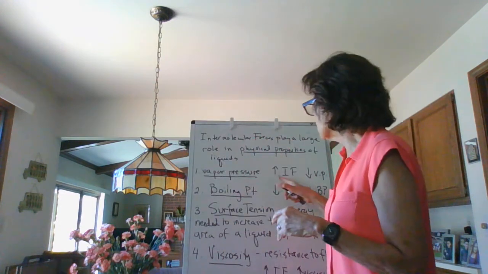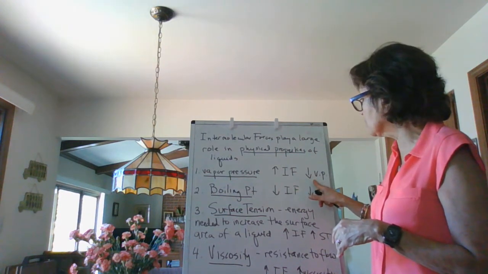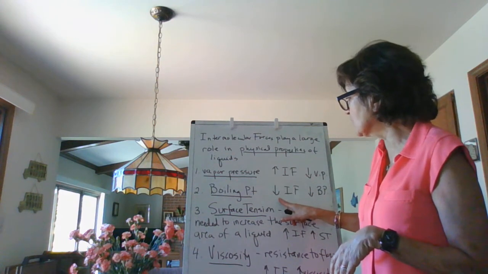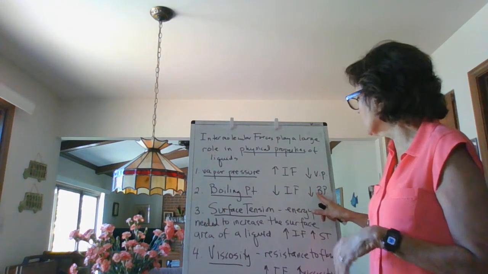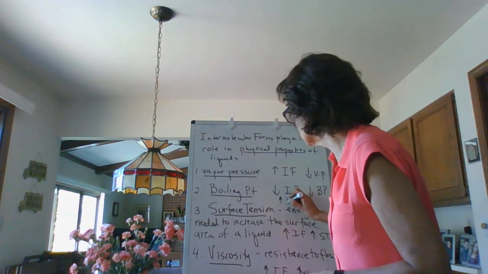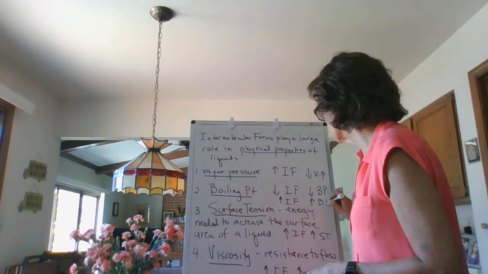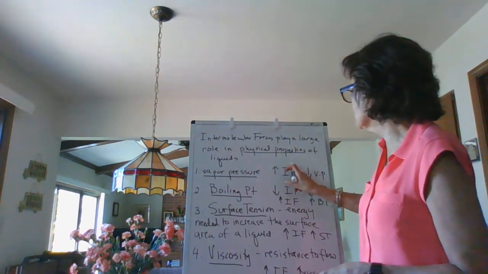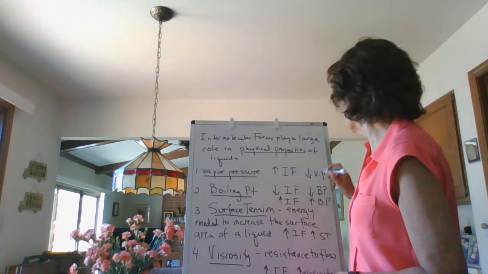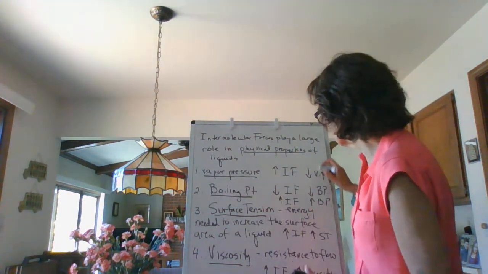So here it is. High intermolecular forces is going to cause a very low vapor pressure. And if you have very low intermolecular forces, you're going to have a low boiling point. But if you have high intermolecular forces, you're going to have a high boiling point. Sorry, I should have put this up here, guys.